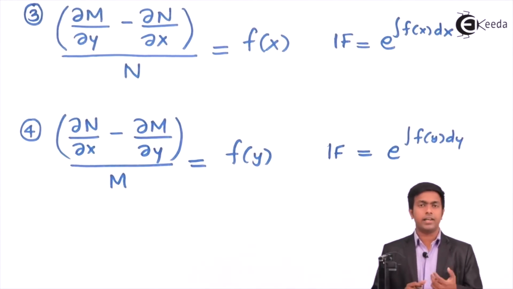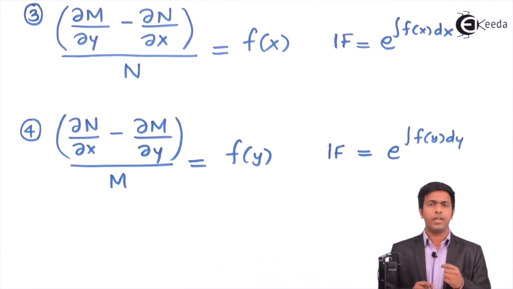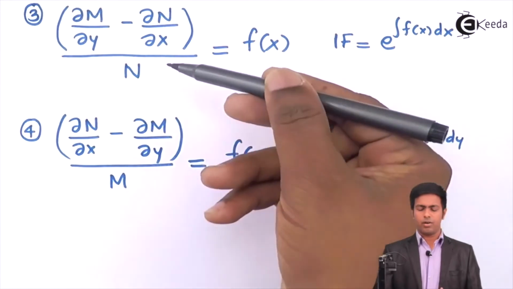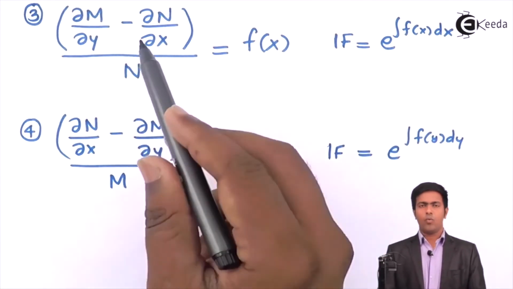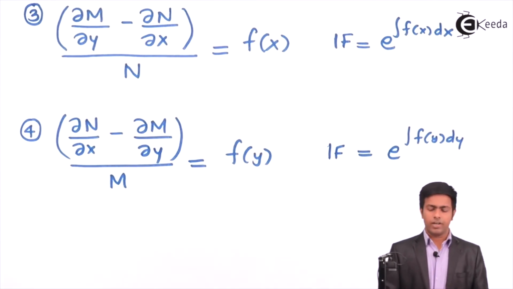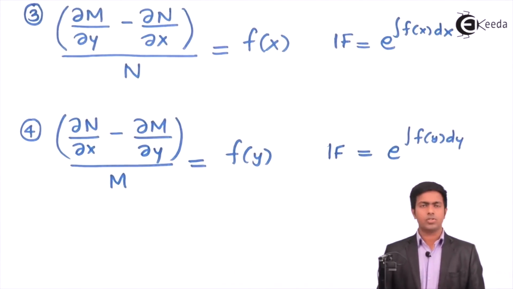By getting the integrating factor we can multiply the given differential equation with the integrating factor to get the exact differential equation. So we'll check the results. In the examination you have to check both things, and if one of the patterns matches the given differential equation, then we have to use that pattern.